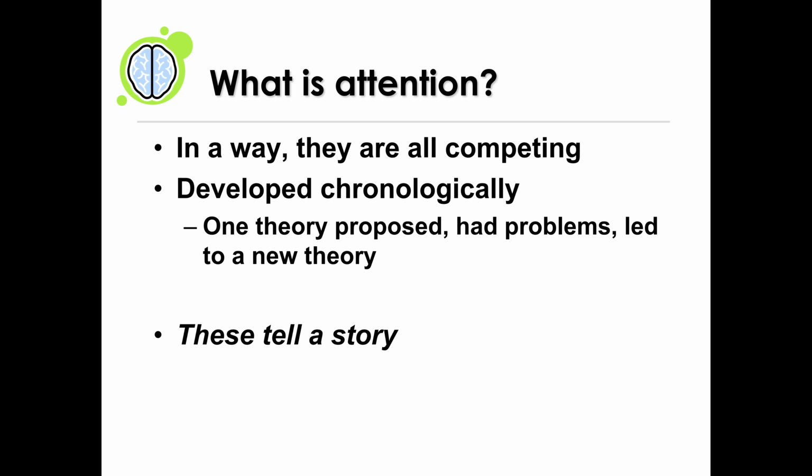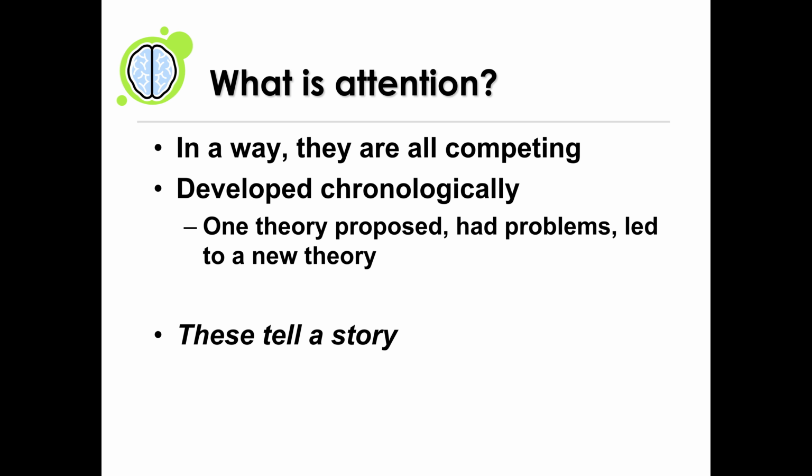But let me tell you something about these. They're nice in that they are all competing in some way. All those theories that I just mentioned are all different from one another. They're developed chronologically. One theory was proposed, it had some problems, and that led to a new theory. We know a theory is based on evidence, and it's the best explanation for that data. It was the best explanation for the data until problems started coming out with the theory, and then you have to propose a new theory.